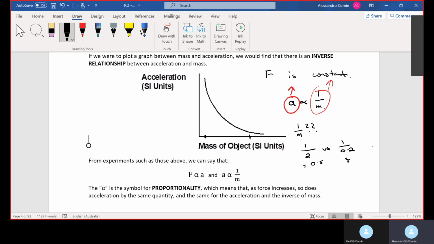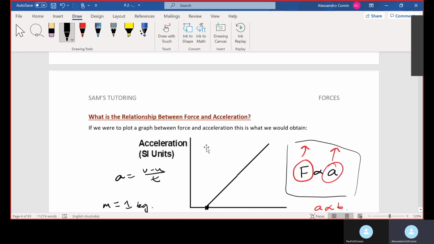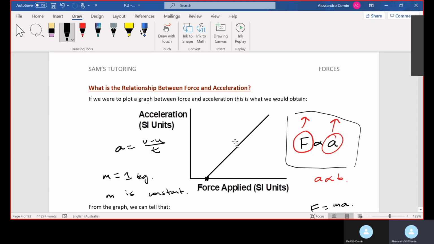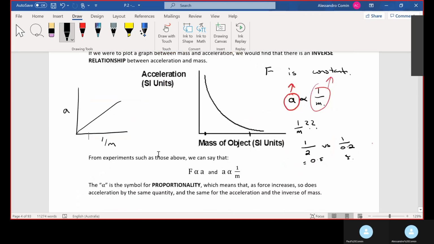So A is proportional to 1 on M, which means that if I were to plot a graph of 1 on M versus A, I would actually get a straight line similar to this previous one. But don't worry too much about that. It's just a mathematical trick. You will have to do graphs like this in the future, but I'm not too concerned about it now. This just serves as an introduction to the quantitative nature of forces.